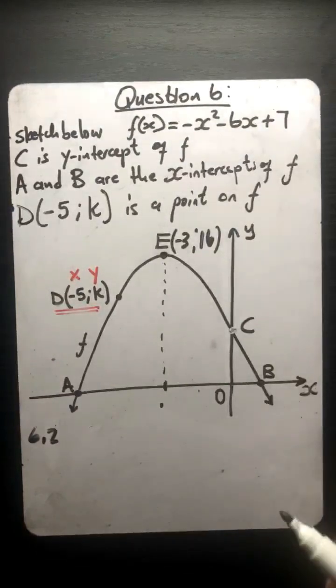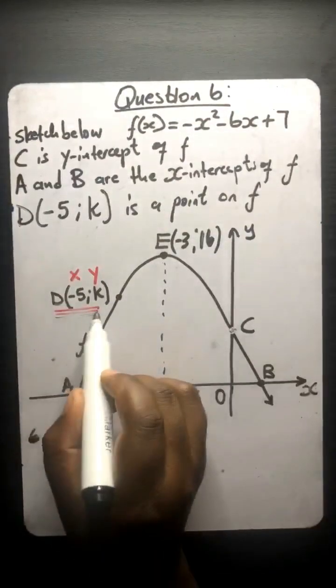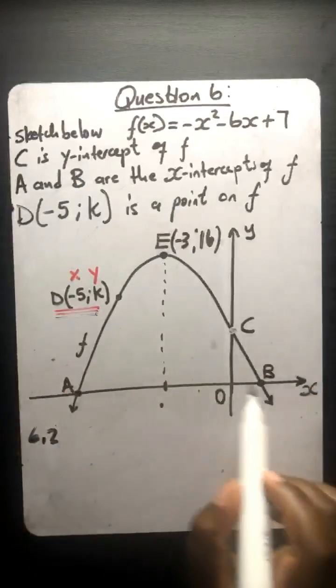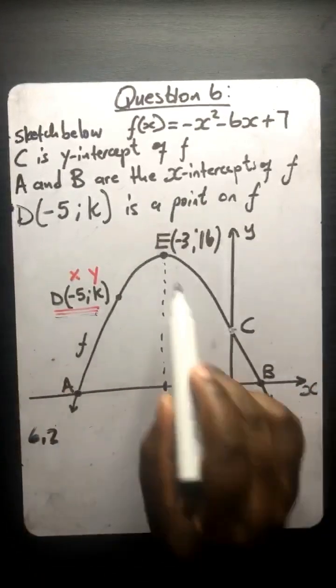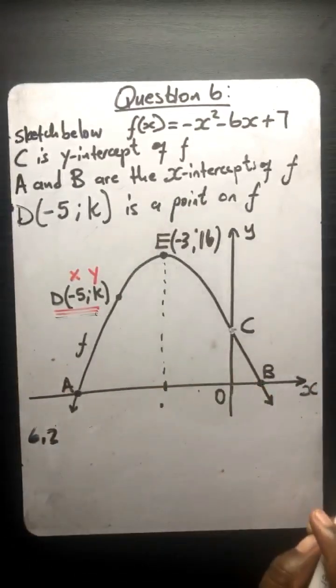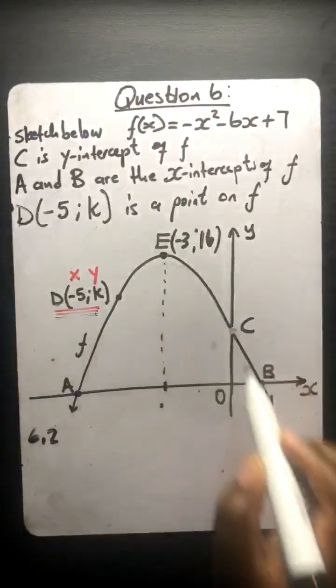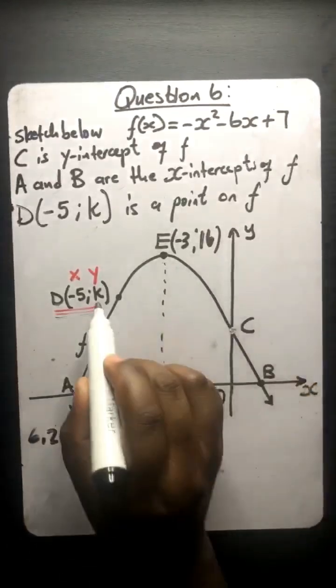Okay. Do you guys agree with me that point D is on f of x, just like A is on f, B is on f, C is on f, E is on f? Yes. So that means you are going to make use of that function to determine the y value.